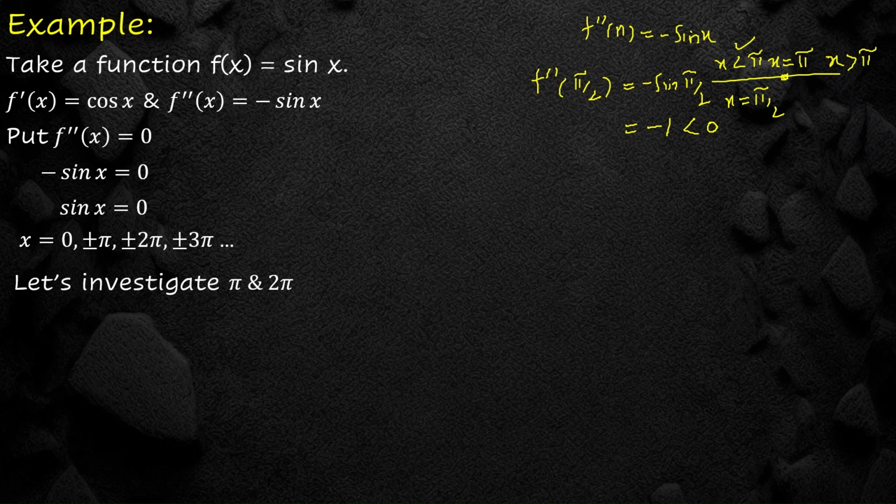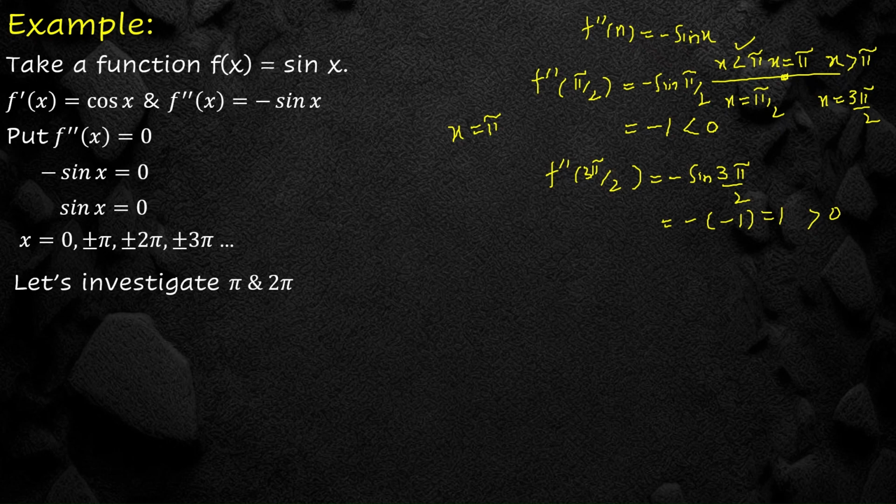And again, we take a point towards right of pi. We take x is equal to 3 pi by 2 and put it in the second derivative. f double dash 3 pi by 2 will be equal to minus sine of 3 pi by 2, and it will be equal to 1, which is positive. So at x is equal to pi, the concavity has changed.